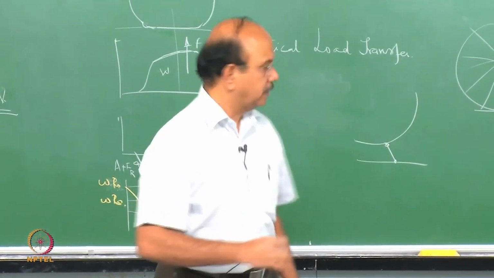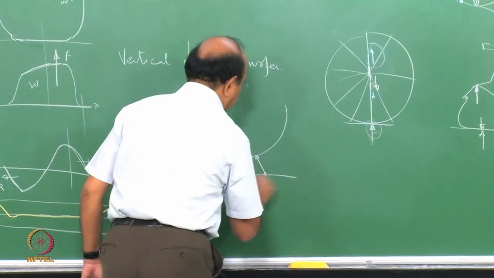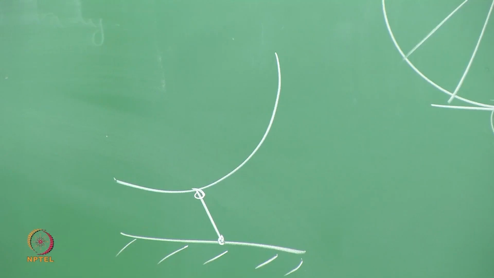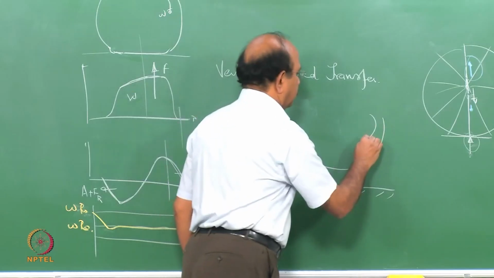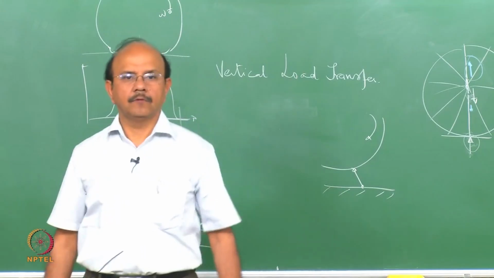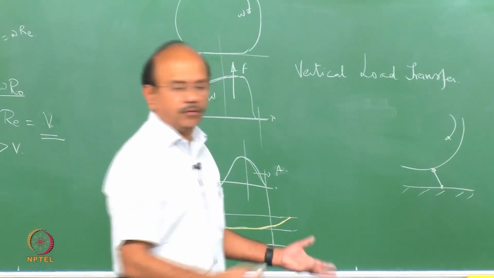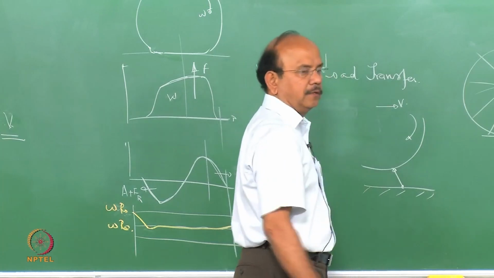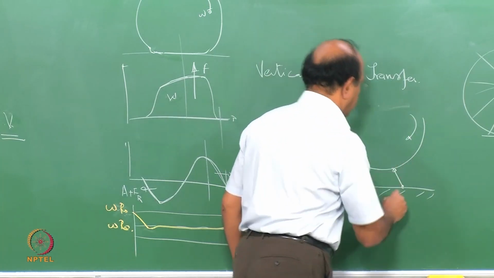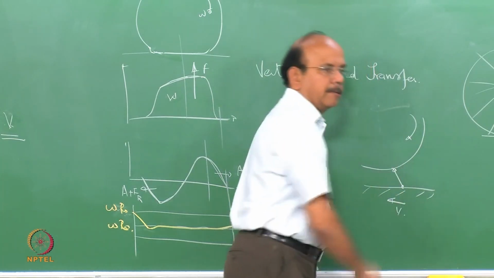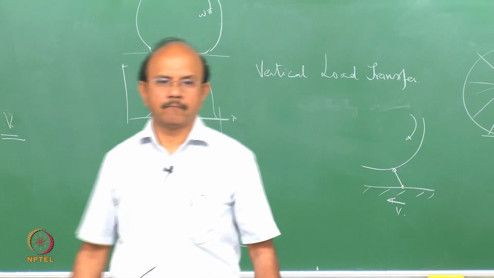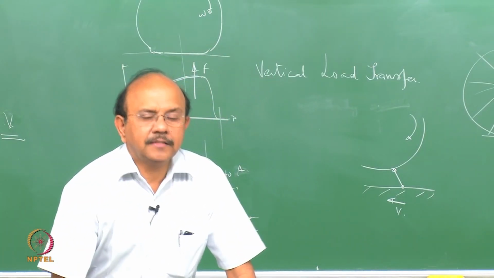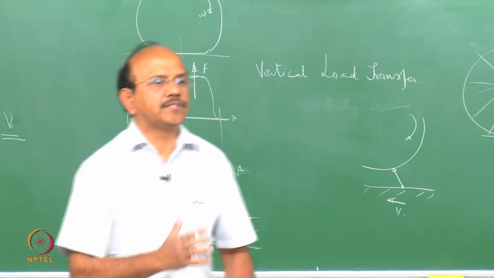Clear? So they extend and touch the ground. It is rolling. You can either assume it is going with velocity v, or that it is stationary and the ground is going with velocity v. Let us consider two extreme cases.